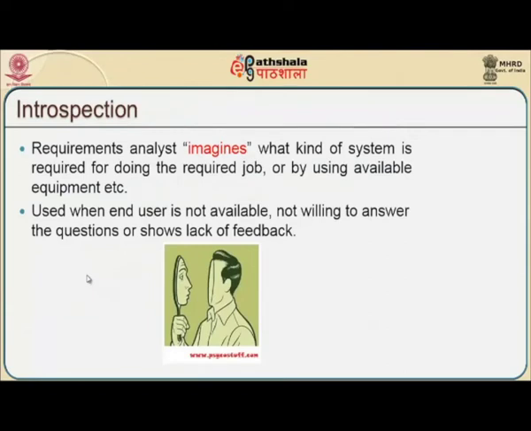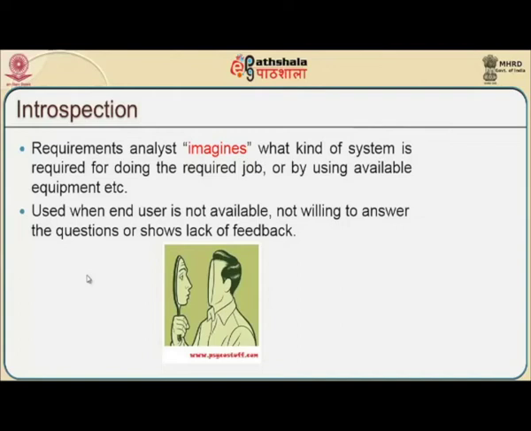As I have already told, introspection is another technique within this requirements elicitation process. Through introspection, the analyst imagines what kind of a system is required. So he takes his emotional background, that's what the figure is also indicating. What kind of system will the stakeholders be able to respond to? So the analyst imagines what kind of a system is required for doing the required job, or by using some available equipment.